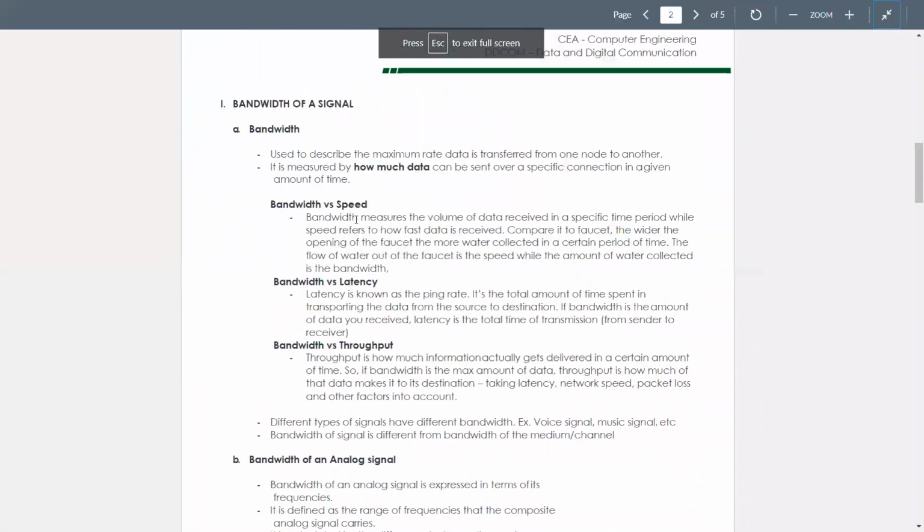Bandwidth is actually the volume of data received in a specific time period. This is not the speed, right? Because speed is how fast the data is received, but bandwidth is how much data we received in a specific period of time.